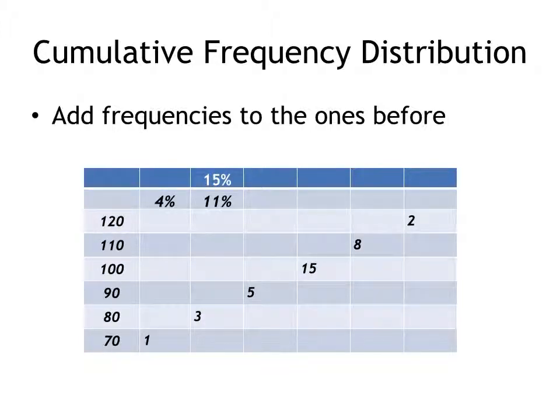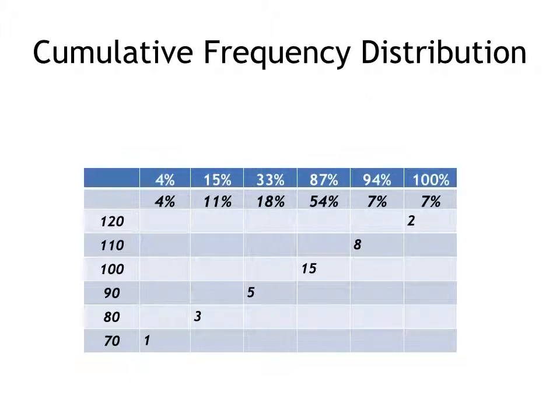And to do this, once again, I need to consider that looking at the whole group, I always have that one student with 70. That's 4% of my sample. And I have 11% of the sample who have IQs of 80, and so on. And I could do this and account for all 100% of my sample.